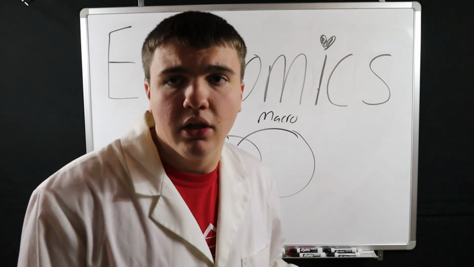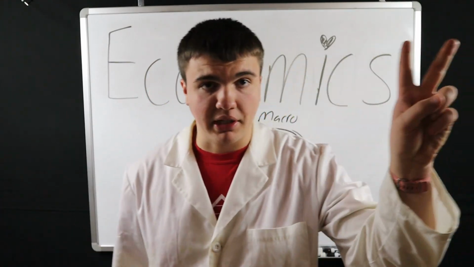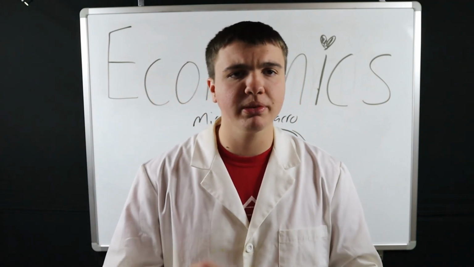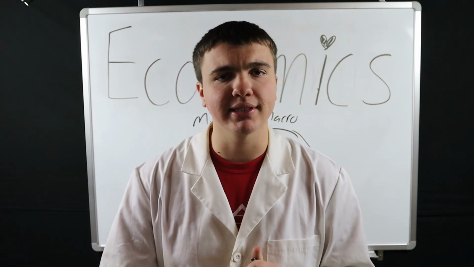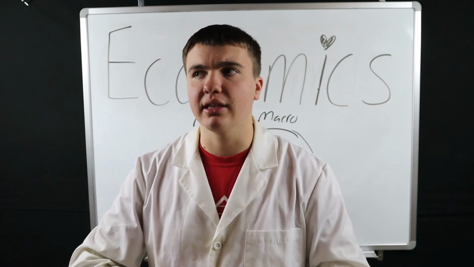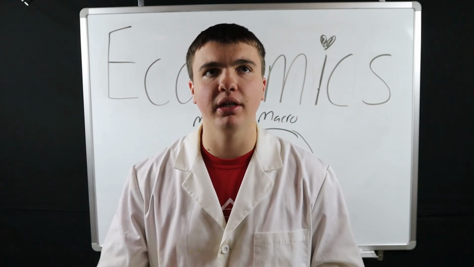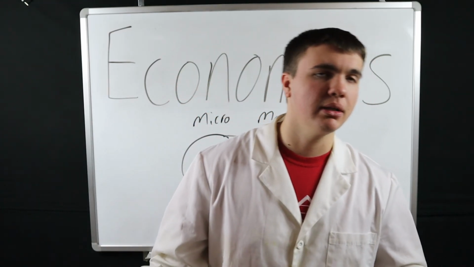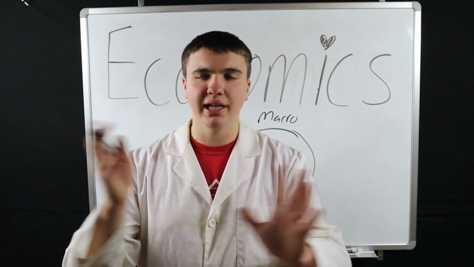Okay. There are two sections of economics, micro and macro. Microeconomics deals with individual firms, people, and small sections of markets. Macroeconomics deals with the economy as a whole, like the entire U.S. economy, Nebraska's economy. That might almost be micro. Again, it's blurry. The lines between these two are blurry.